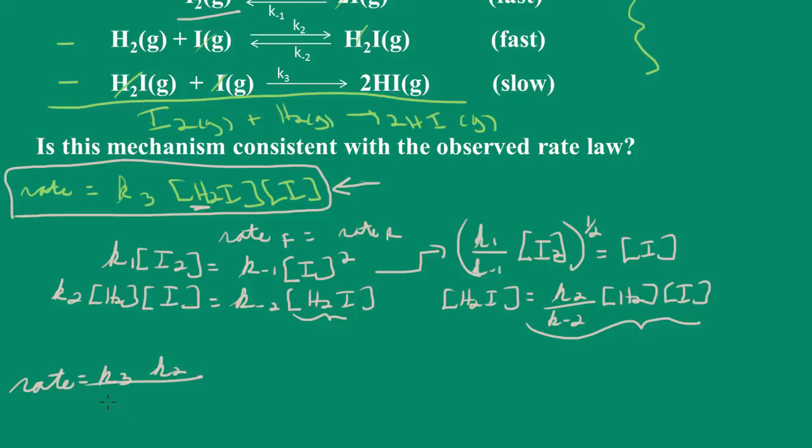That's k2 over k-2. I'll show you what we do with them at the end. So we have the k's here, and then we have hydrogen and we have this. And don't forget this. Remember, all of this is substituted for this, and then we have to bring this down as well.